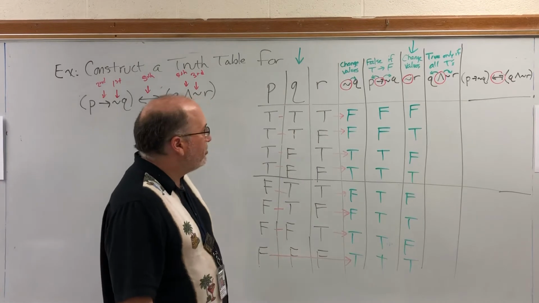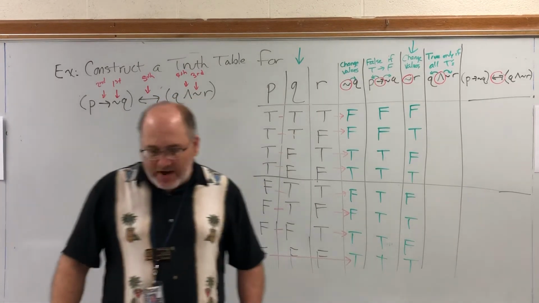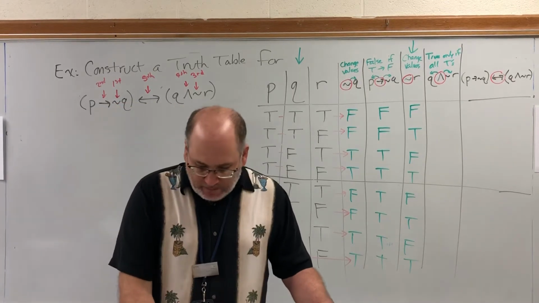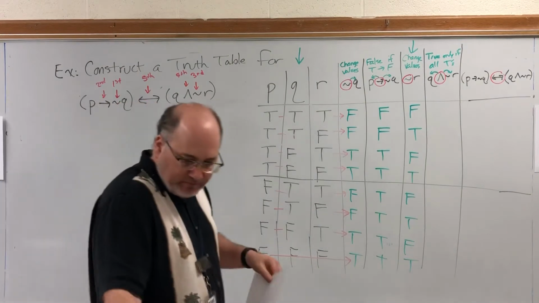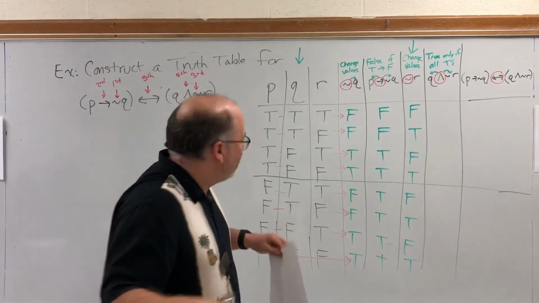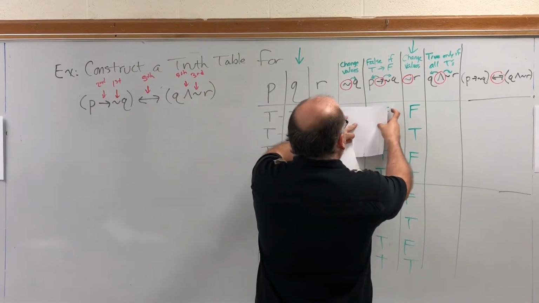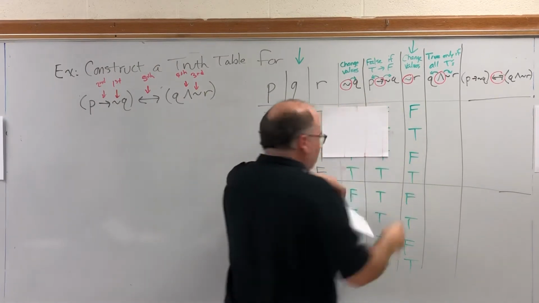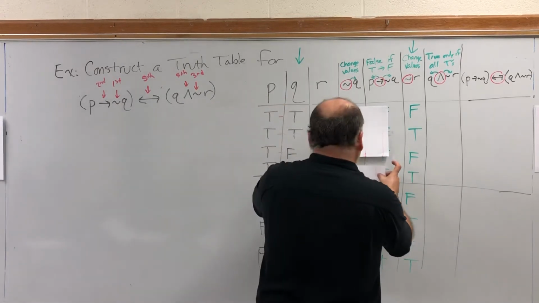So we're in another situation where the two columns we're looking at are not next to each other. So it might be a good idea to cover up all the columns in between. Let's see, we need the Q column and then the negation R, so we don't need the three columns in the middle. So give me 1 second to tape over the columns in the middle that I'm not focusing on right now.